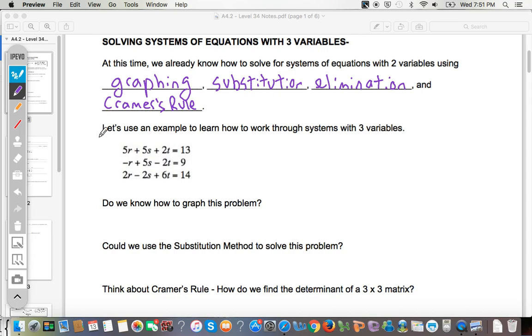Okay? So I think the best way to solve 3-variable systems is to work through an example, because really we're not doing anything new. So do we know how to graph this problem?